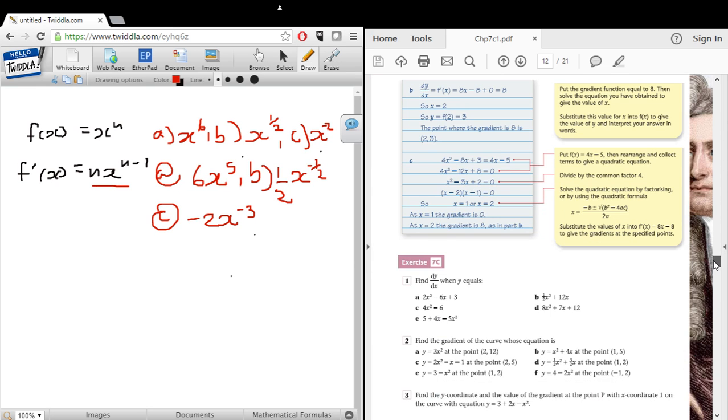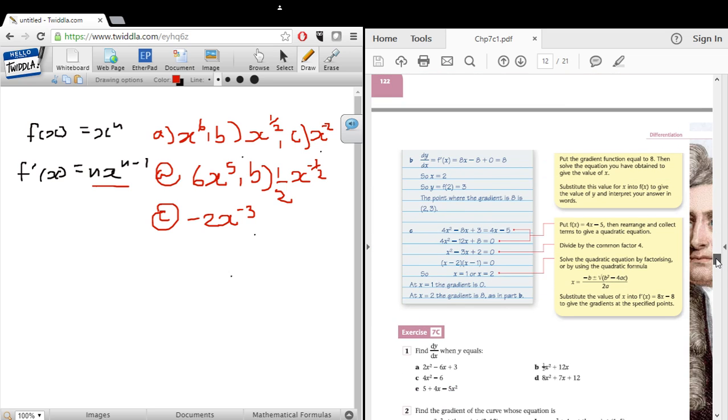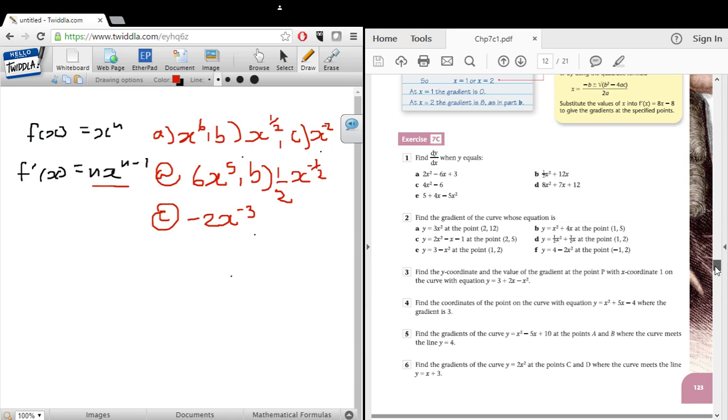And for c, find the gradient of y equals f(x) at the point where the curve meets the line y equals 4x minus 5. Again, you can see that they've carried out the quadratic equation procedure, and then essentially all they've ended up with here is telling that x equals 1 or 2, and so we have this particular result. And this is an exercise for you to perfect this.